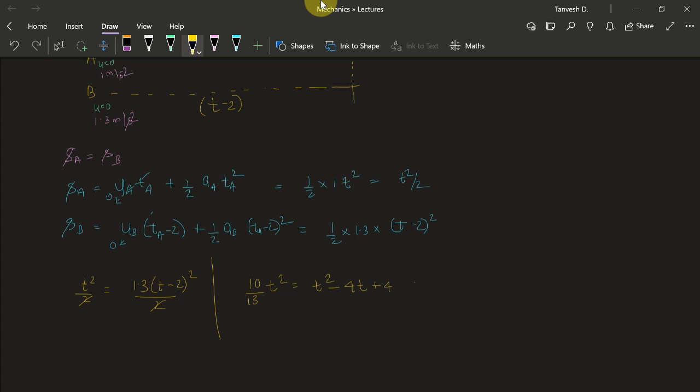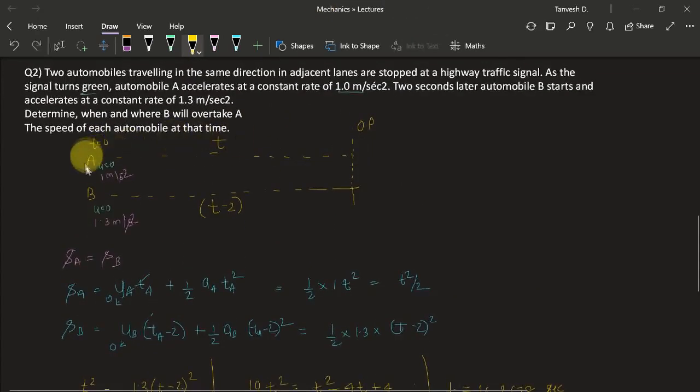So we can obviously rearrange it. So it will be t square minus 10 by 13 t square minus 4t plus 4 equals to 0. So when you solve this, you will get t equal to 16.2678 seconds. This is the time taken by A to reach the overtaking point, right?